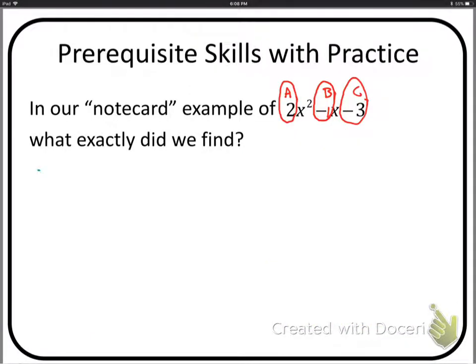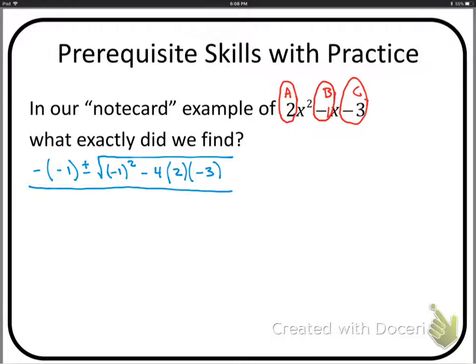So we have negative b, but instead of b, I'm going to put in the number -1, plus or minus the square root of b squared. So that's -1 squared minus 4 times a times c. Notice how I just plugged in all the values. All divided by 2 times a, which is 2 times 2.